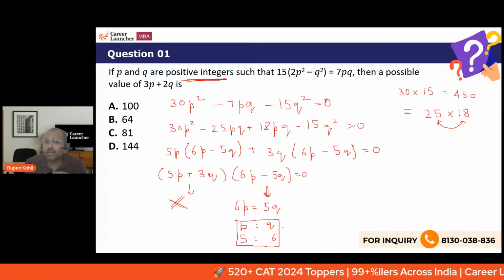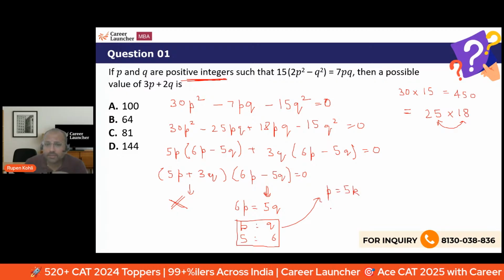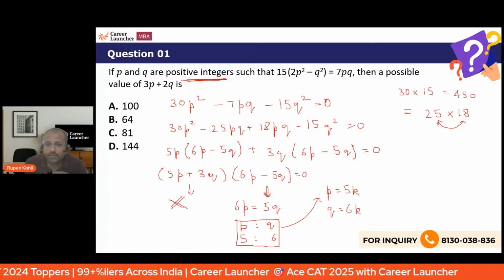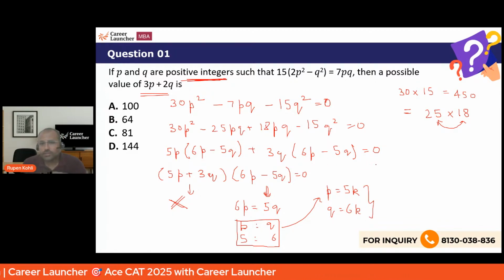So that is the whole point, and therefore what we can say, p must be a multiple of 5, q must be a multiple of 6. So that is the logic that emerges, and hence we can now attack the problem. So what's my 3p plus 2q?